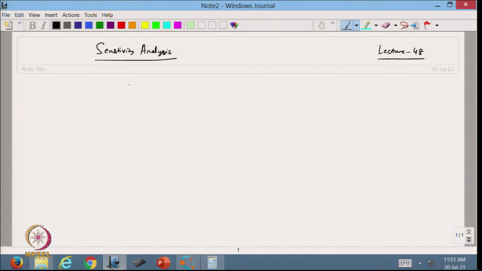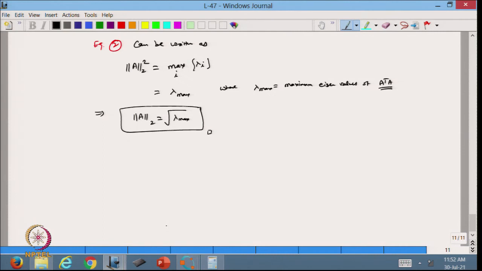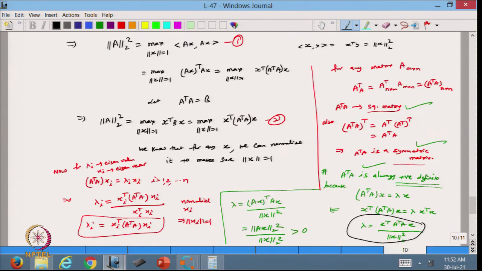In the previous lecture we discussed that for any matrix A we have defined the two norm, and that is equal to the square root of lambda maximum, where lambda maximum is the maximum eigenvalue of matrix A transpose A. And we have also seen in the previous lecture that this matrix is a positive definite and symmetric matrix.